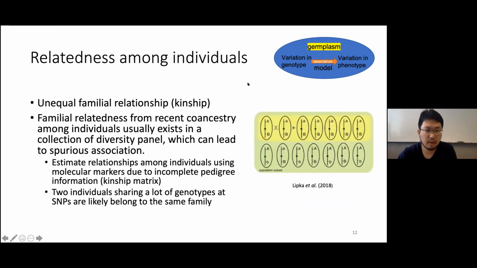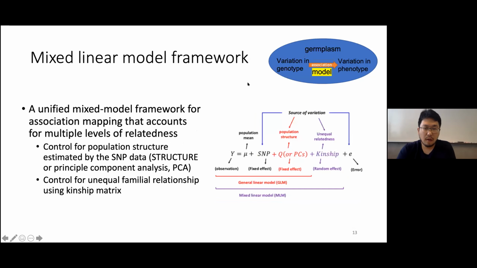Okay, let's move on. After people realized that there are these multiple levels of relatedness among the individuals, a unified mixed model framework for association study was developed. In this model, you can fit the SNPs, the population structure, and the kinship into a mixed model.